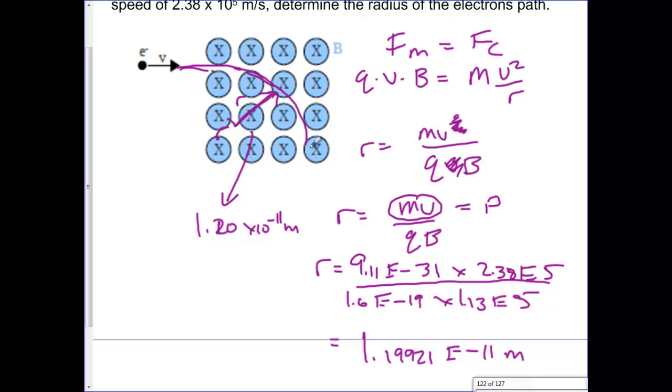That would be the radius of this thing as it goes in a circle, or at least as it goes in a quarter of a circle. Does that make sense? So what you could have is this guy would go through the field and almost take a right-hand turn. Go around a corner. Does that make sense?